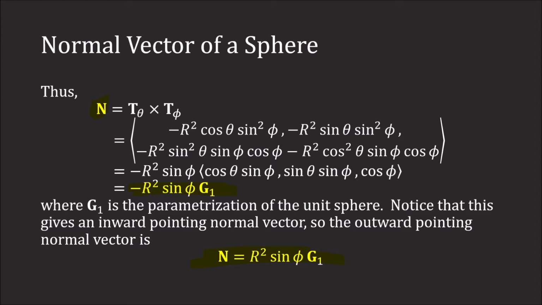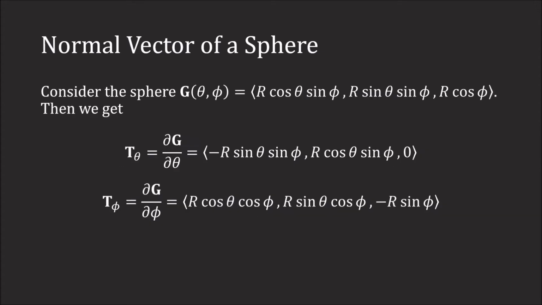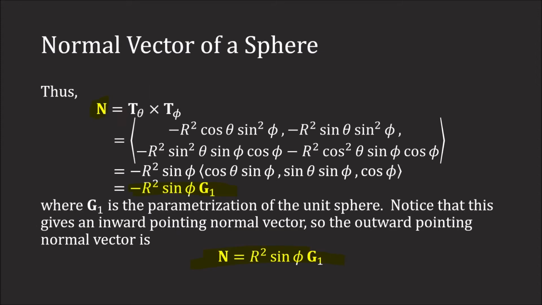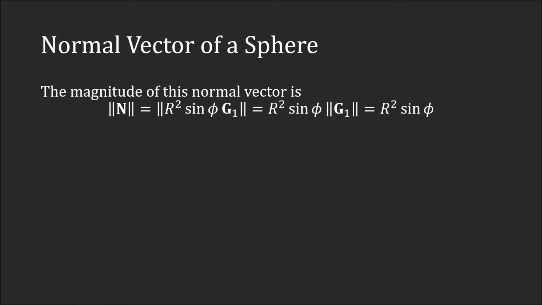Now, g sub 1 is the parameterization of the unit sphere. That is, if we go back, g sub 1 is this parameterization right up here where r is equal to 1. Now, the magnitude of this normal vector would be that.